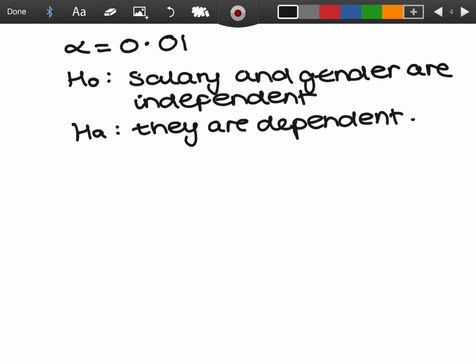To do this, you need to put that table in, but not including the totals. So you're going to completely take out the total column and the total row. We just want the table that has male, female, and the salaries. We don't want any of the totals in there.